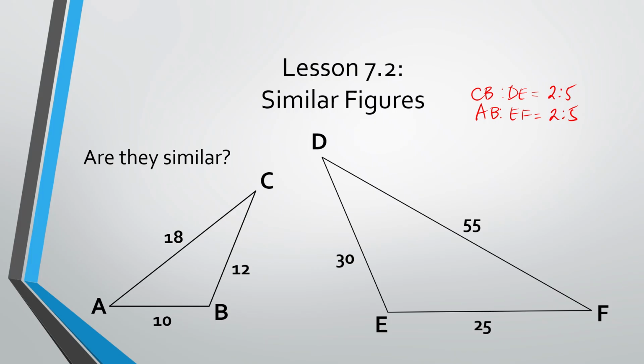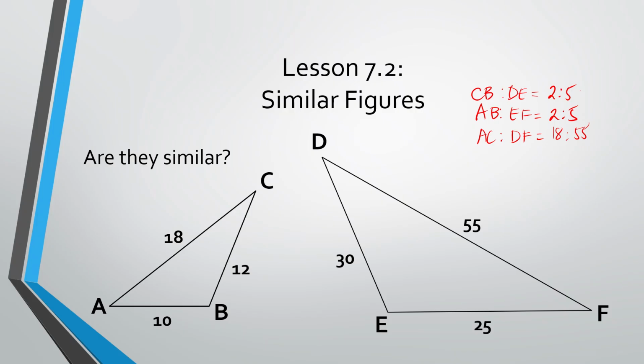But here's a problem. AC. The corresponding side of AC is DF. The ratio of this is 18 is to 55, but there is no simplified form.